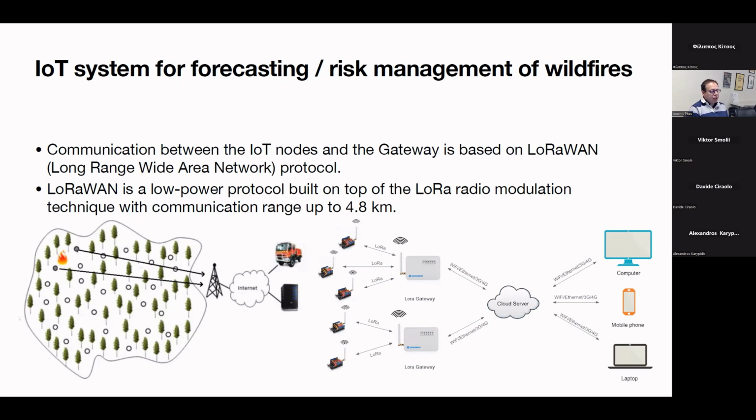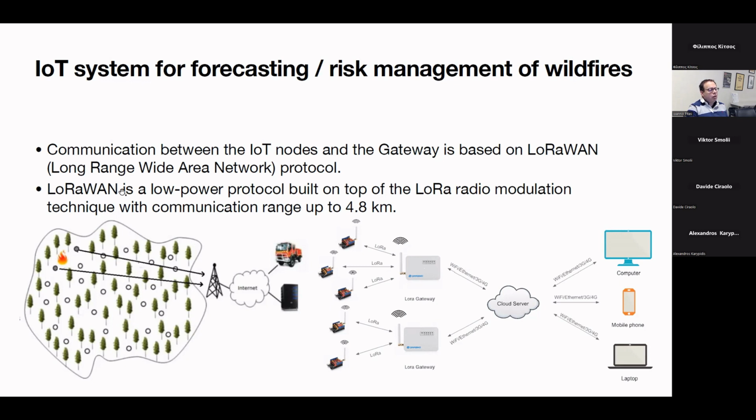A very important communication technology that has had wide adoption in the last few years is the Long Range Wide Area Network. This allows communication between IoT nodes or devices with a gateway device. You can see here the gateway device.